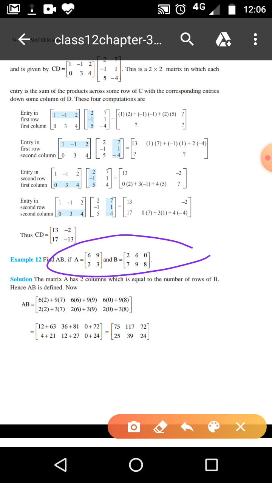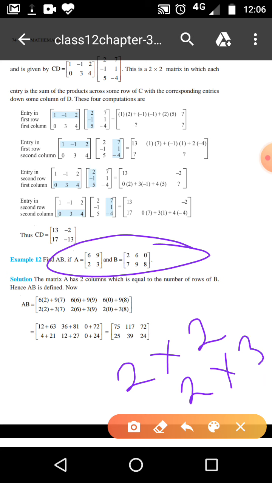Now see these two matrices. What is the order of the first matrix? The order of the first matrix is 2 cross 2. And what is the order of the second matrix? You know very well, this is 2 cross 3. So what is the order of the resulting matrix? The order of the resulting matrix is 2 cross 3. That is, AB is of order 2 cross 3.